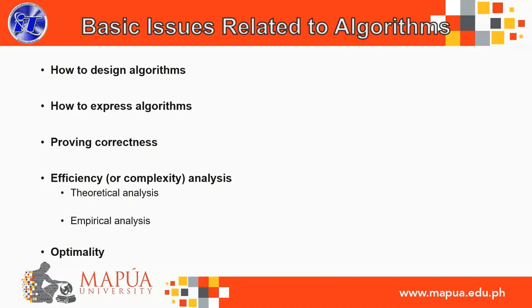Third, how we're going to prove the correctness of our algorithm. Will it give us a good, correct result? And fourth, how efficient is our algorithm based on theoretical and empirical analysis? And how could we optimize our algorithm? Usually, these are the problems that we are solving in our thesis that involve algorithms.